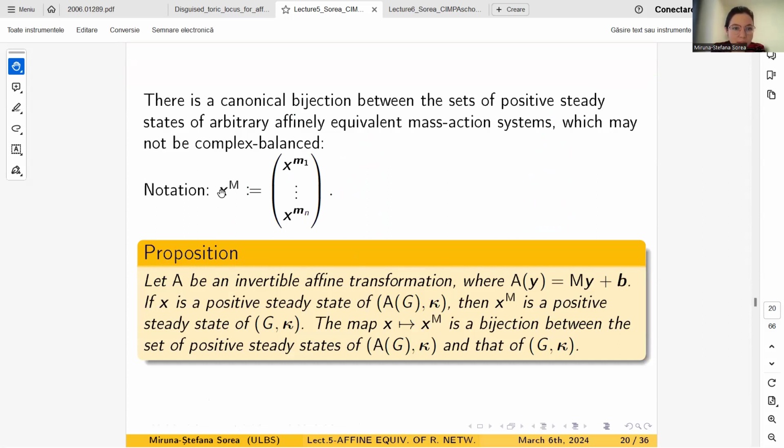Denote this. Here we have a vector x and the matrix M from what we saw before. This is our invertible matrix. Then we denote x to the m by this column vector. Why do we need this? Because now we need to understand which is the image of the steady state of the transformed network.